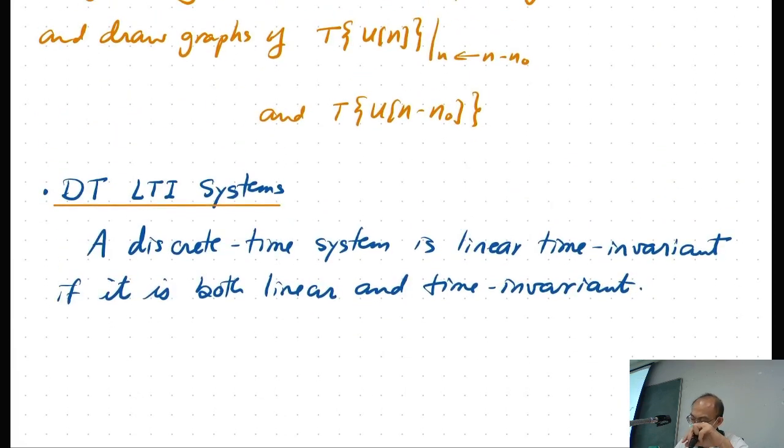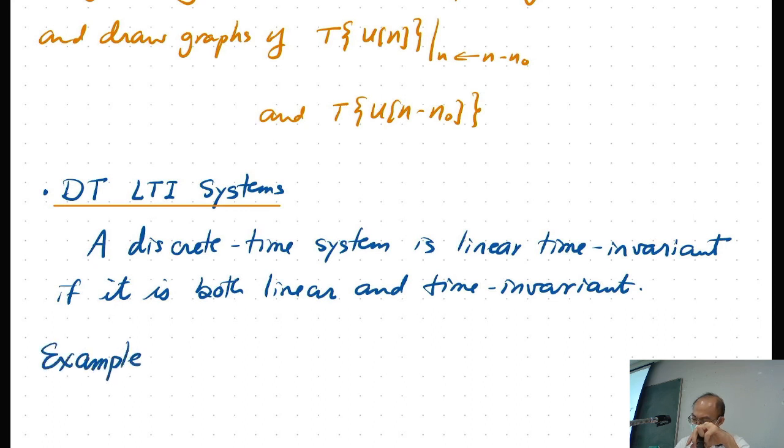Example. Let's suppose that the system T is a linear time invariant system.